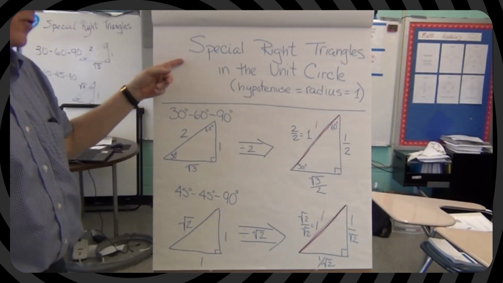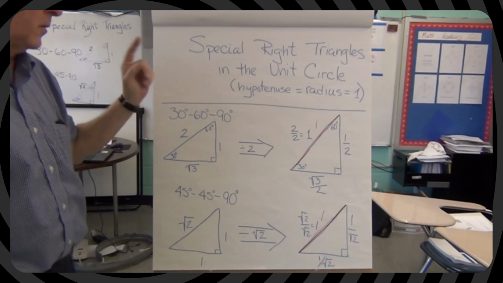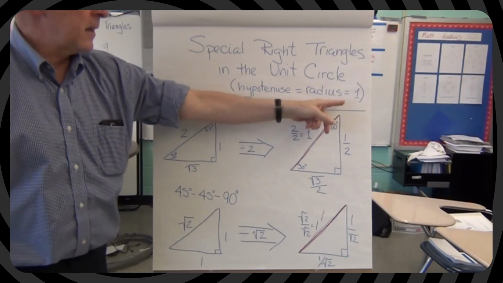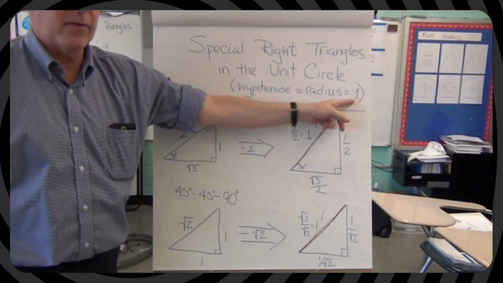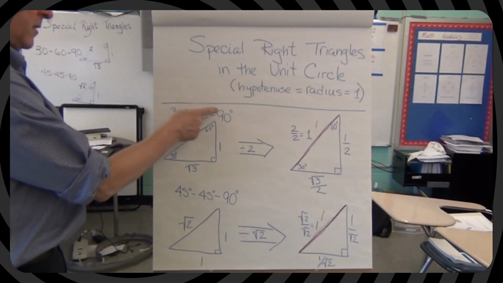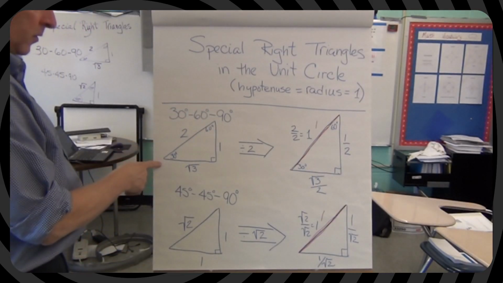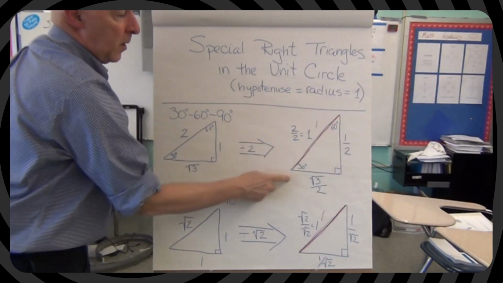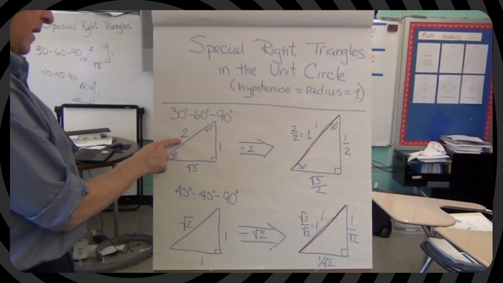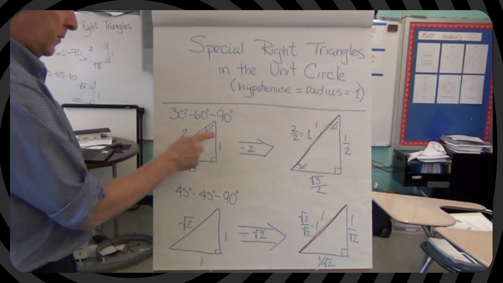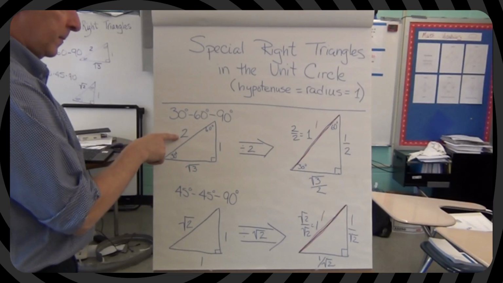If we want to put the special right triangles in the unit circle, then the hypotenuse of the triangle has to be equal to the radius of the circle, and we want that to have a value of 1. To change the 30, 60, 90 degree triangle into one that fits into a unit circle, we need the hypotenuse to have a value of 1. That means dividing the hypotenuse and the two legs by 2.